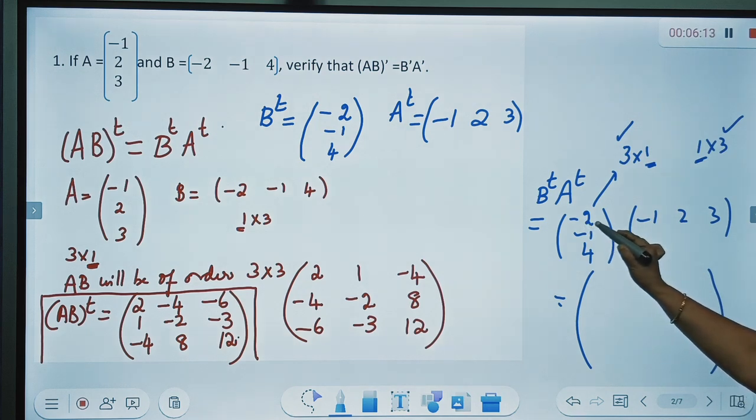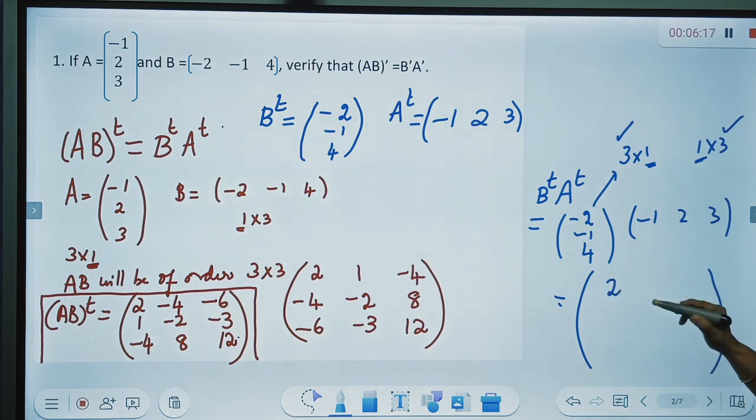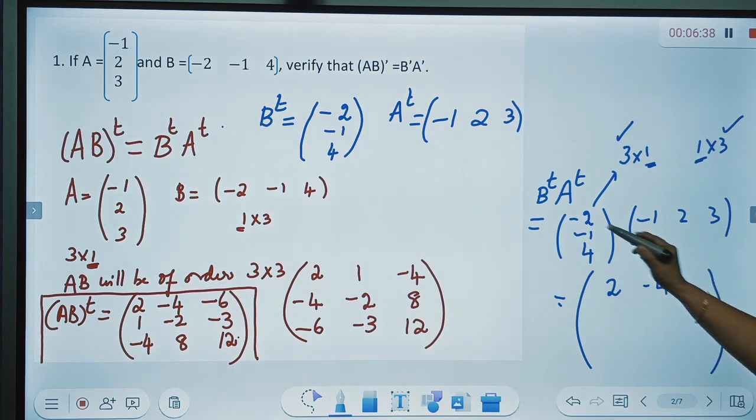First element, A11: first row, first column, 2. This is A11, this is A12. A12 will be -2 into 2, -4, correct. Then A13 will be -2 into 3, -6.